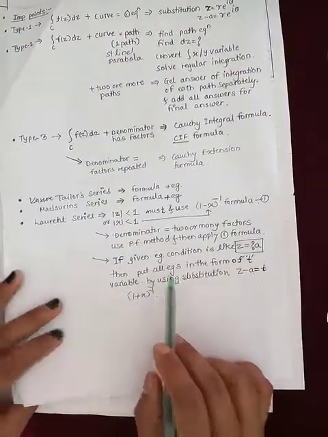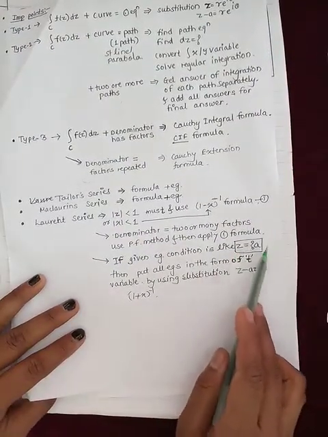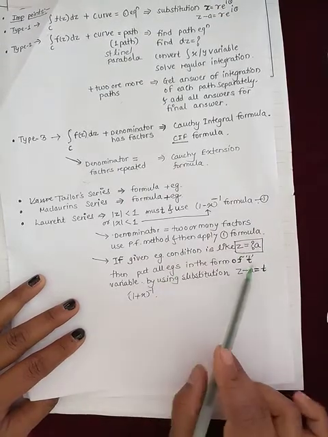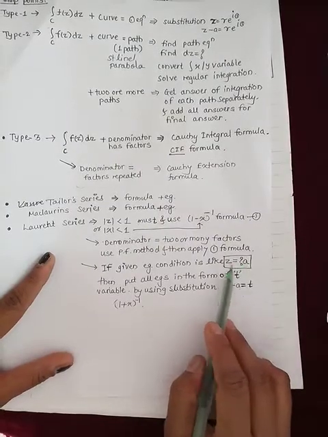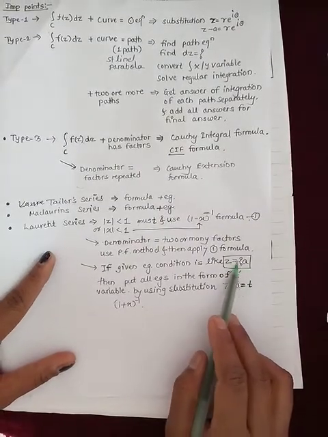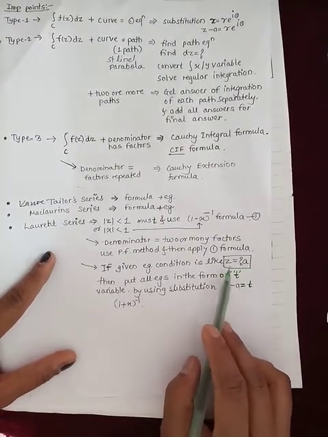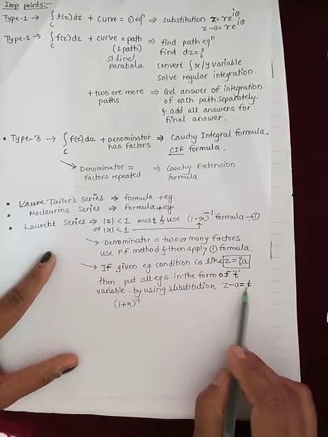Third type of example: if the condition is given in the form of z equal to, then convert the given example into the t variable. So take all the terms from the given condition to the left side, and that left side we have to take as t.